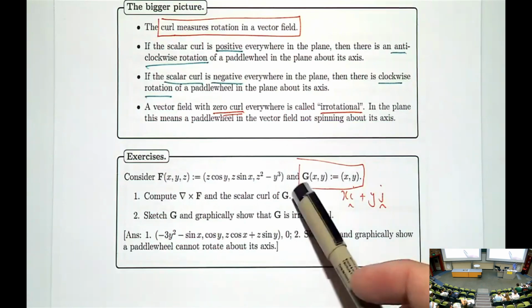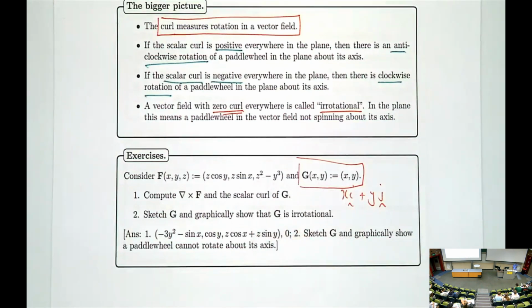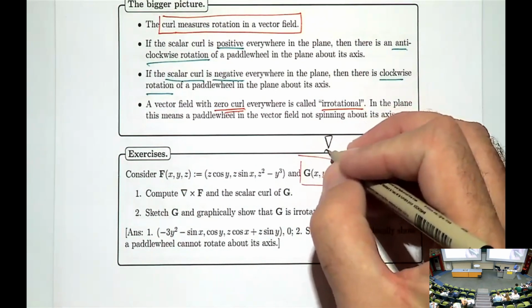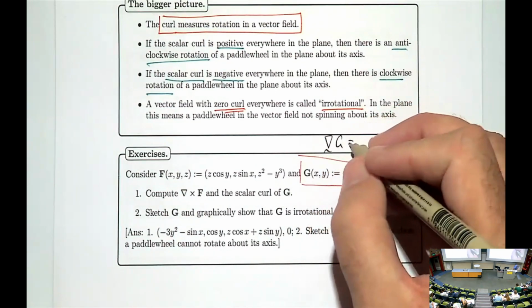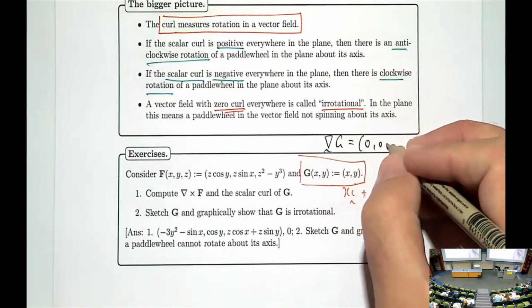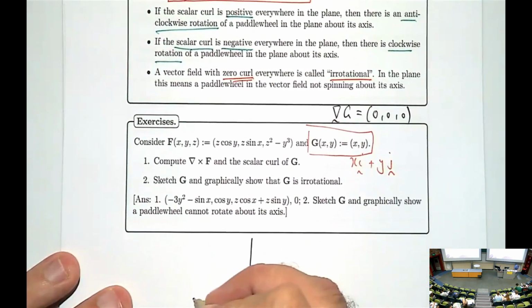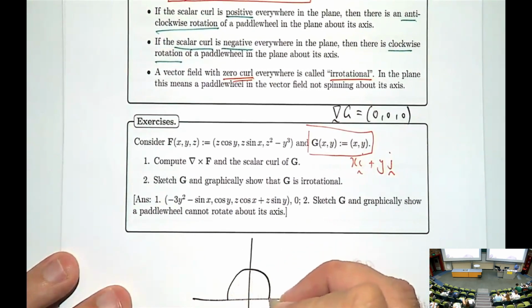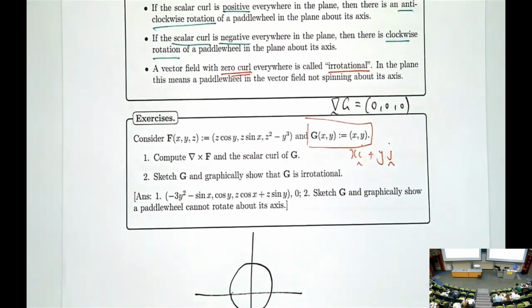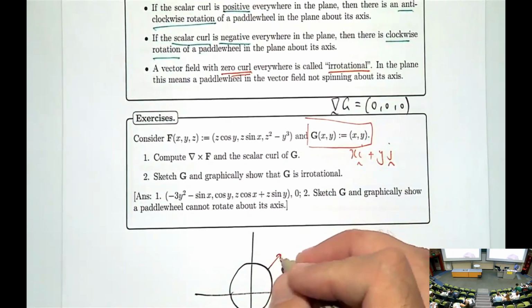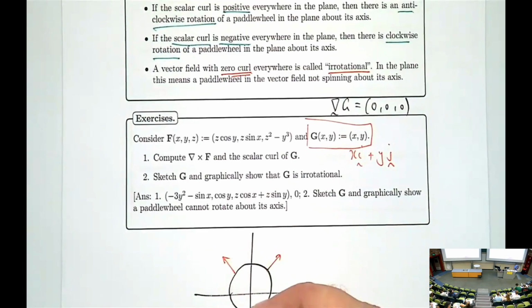Show that if you calculate the curl of that, you get 0. I won't do that for you, but let's just draw a picture. I'm here, let's say, and these are the vectors.